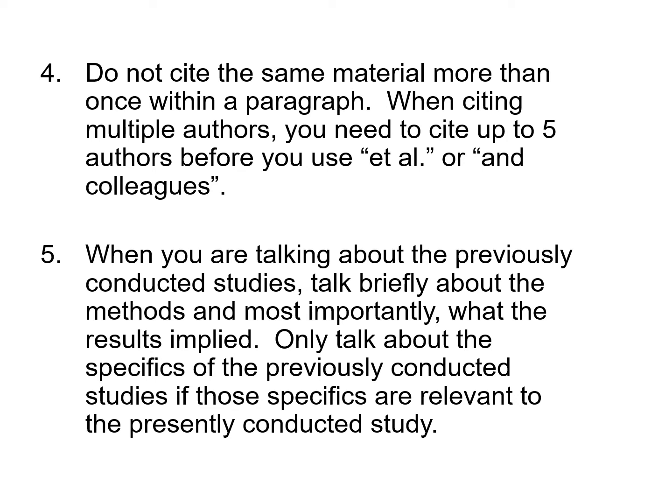If you don't, the reader is going to assume that the citation source is study B because you did not give it a new citation. So that is very important. But if you're just describing one study within the same paragraph, you don't need to keep citing it over and over again.